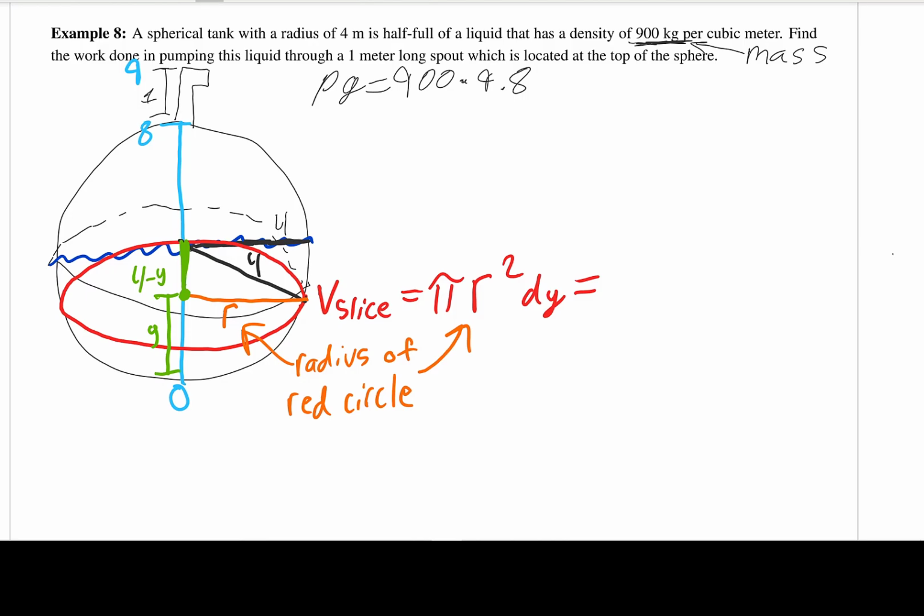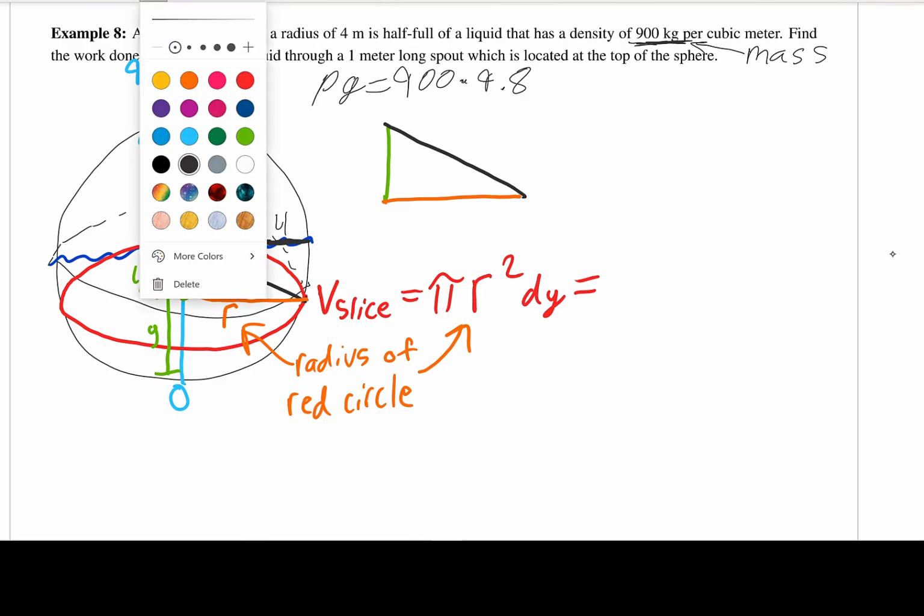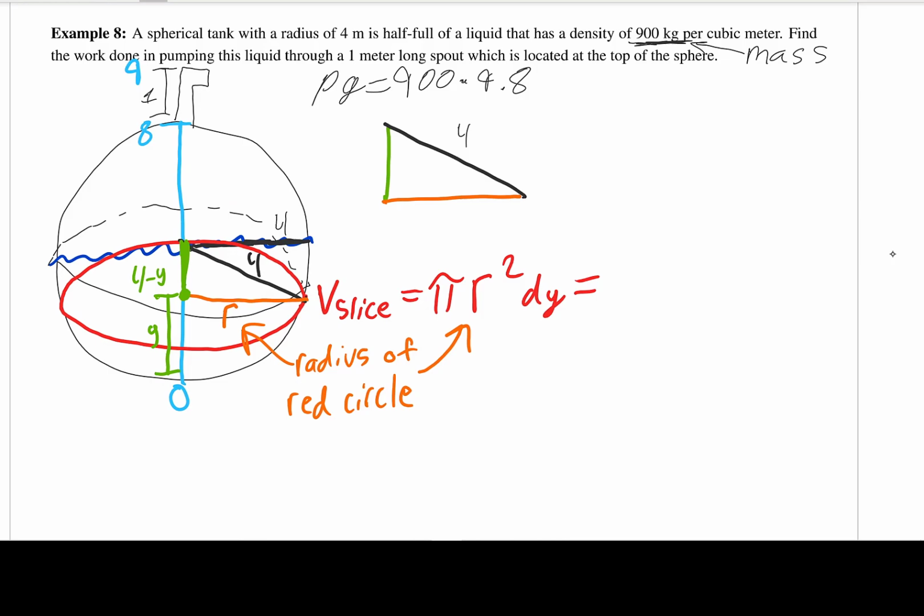Well, now I've got a triangle I can work with, and our triangle looks something like this, where these lengths are given by 4, 4 minus y, and r.